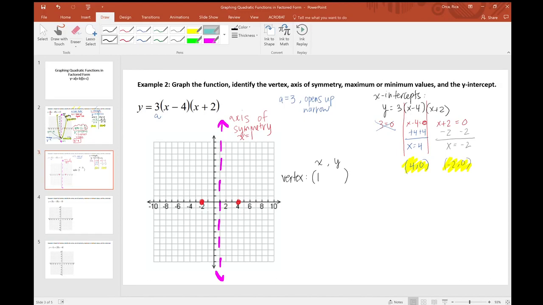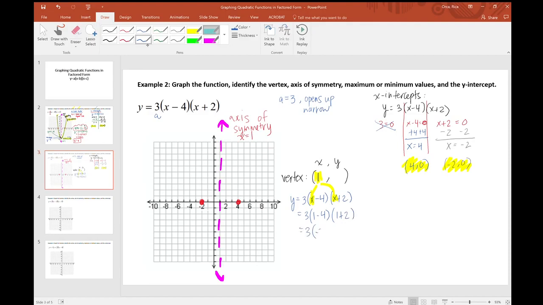I just don't know where. So I'm going to use the fact that x equals 1 and then plug that into my function and find y. We want to rewrite our equation. y equals 3 times x minus 4 times x plus 2. So that's 3 times 1 minus 4 times 1 plus 2.